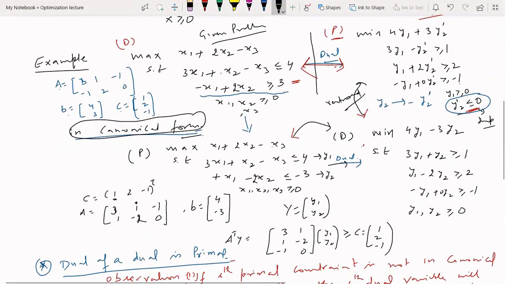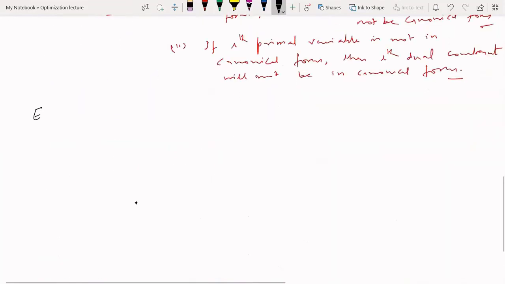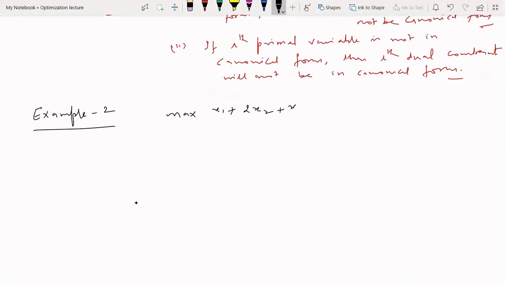Now let me consider one more example here. Suppose I have a problem, maximize x1 plus 2x2 plus x3 subject to x1 plus 4x2 minus x3 greater than or equal to 4, x1 plus 2x2 plus x3 less than or equal to, say, 2, then x1 greater than or equal to 0, x2 less than or equal to 0, x3 greater than or equal to 0.